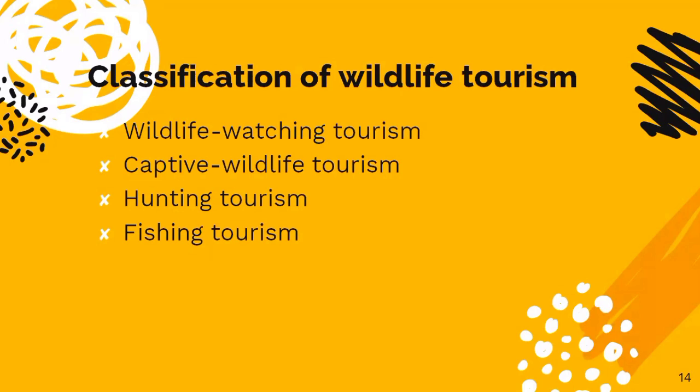This means viewing animals in man-made confinement, principally zoos, wildlife parks, animal sanctuaries, and aquaria. Second to the last, we have hunting tourism. It includes killing of wild land animals. Lastly, we have fishing tourism. This is where we can explore fishing activities like capturing fish.